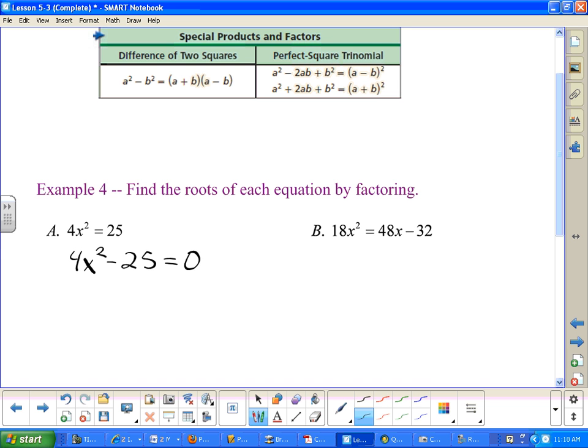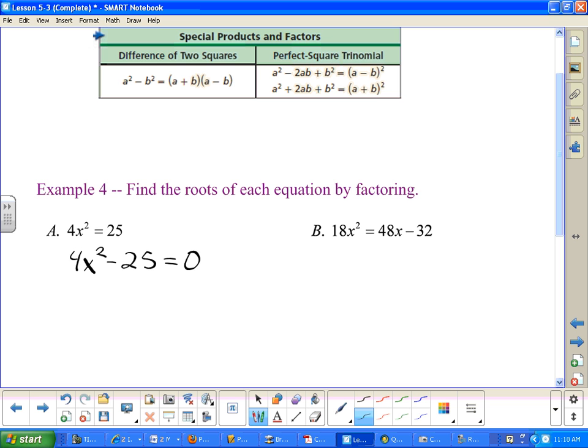Now I can factor it. Okay. Do 4x squared and 25 have anything in common? Okay. Is there a number that goes in the 4 and 25? 1 does. That's right. Okay. Only 1 though. So I can't factor anything out of them.